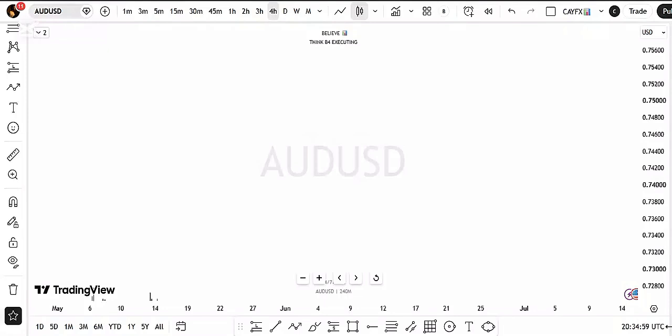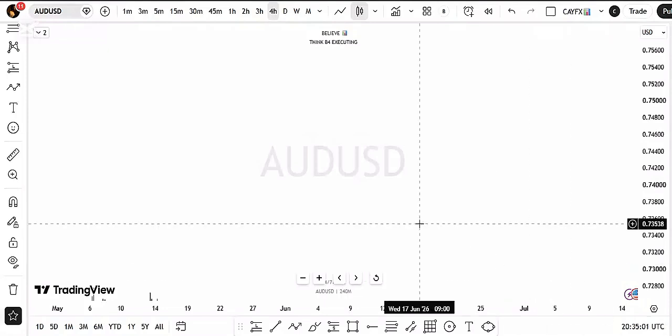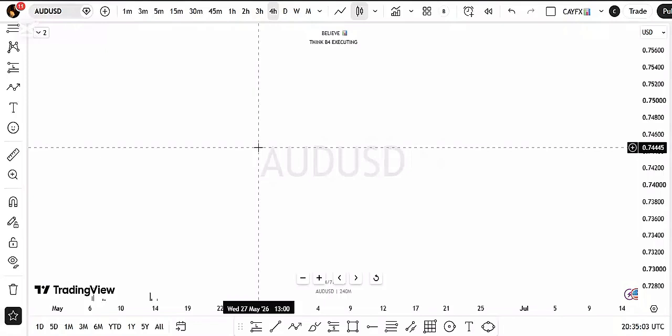So I just want to talk about market structure. In forex trading, we have three types of market structure. We have the uptrend and the downtrend market, and the ranging market, which you can also call consolidation.